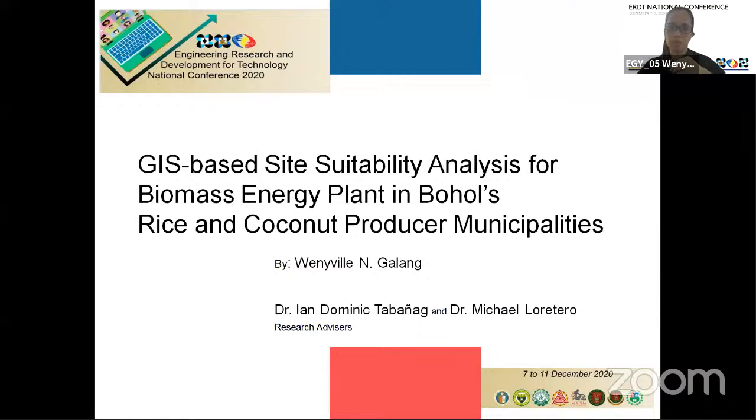Then, based on those gathered data, we started to summarize everything and identify which among these will be considered as criteria, as a basis for that study.